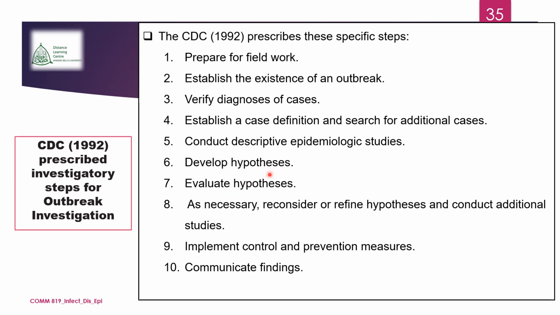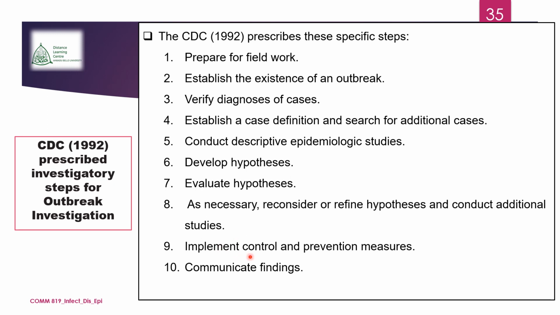Then you need to develop a valid hypothesis. Then you evaluate the hypothesis. Then, as necessary, reconsider or refine the hypothesis and conduct additional studies. If at the end of the day the hypothesis didn't actually answer the question, then you need to review, refine, and conduct additional studies.